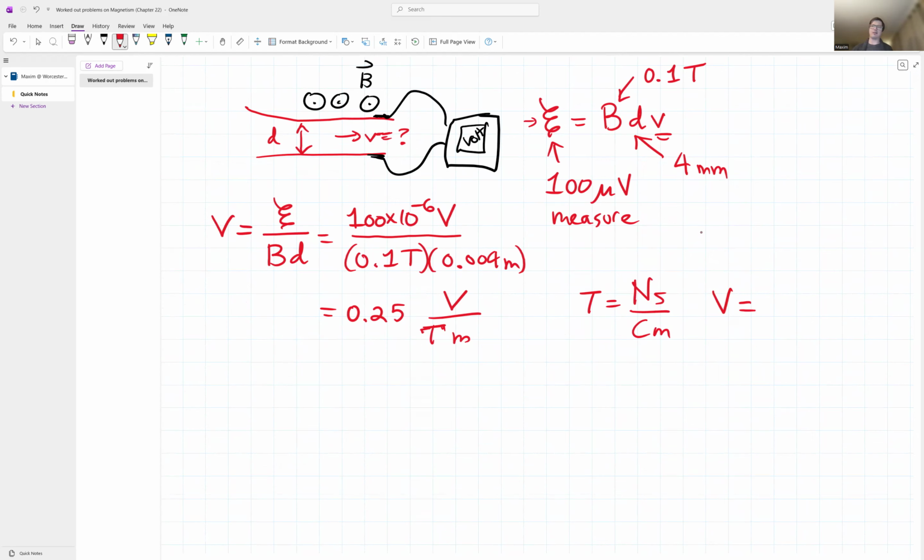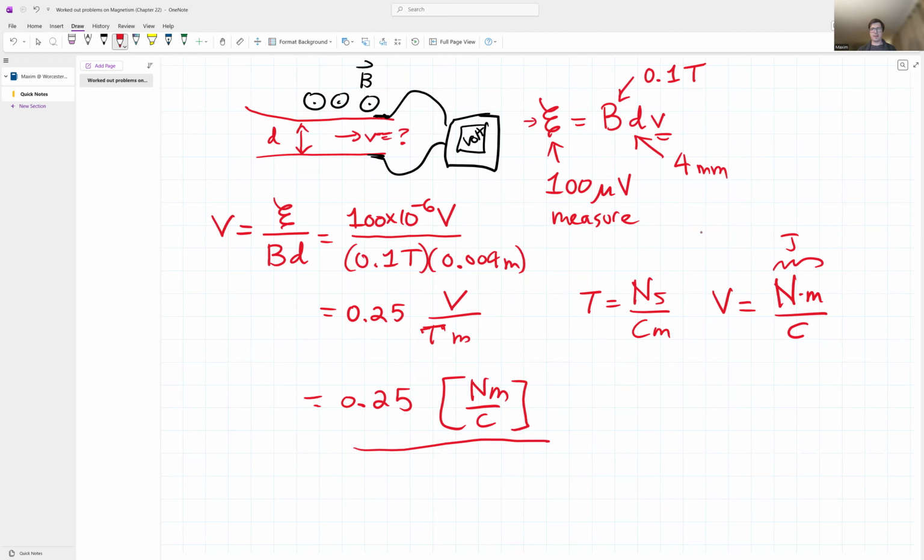So I have to remember how volts are related to things. We know that if we multiply volts by coulombs, we get energy. So actually, this is a Newton meter, which is a joule per coulomb. So actually, this I think will give us the right thing. So if we replace volts by Newton meter per coulomb, and then we're going to divide by Tesla times a meter, which is just a Newton second per coulomb.